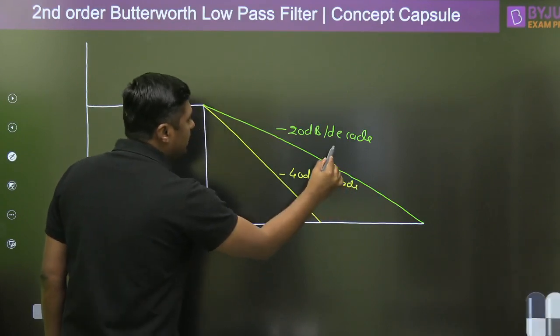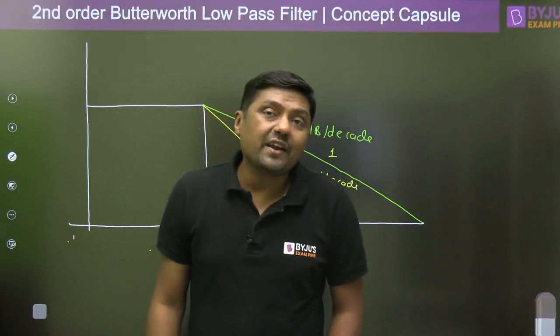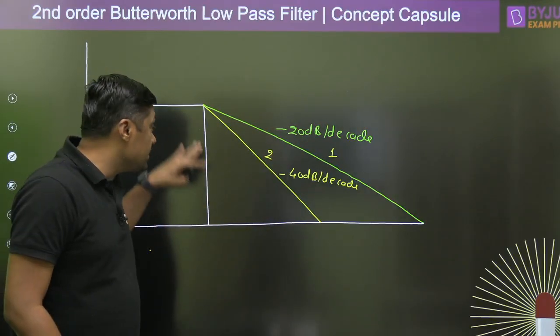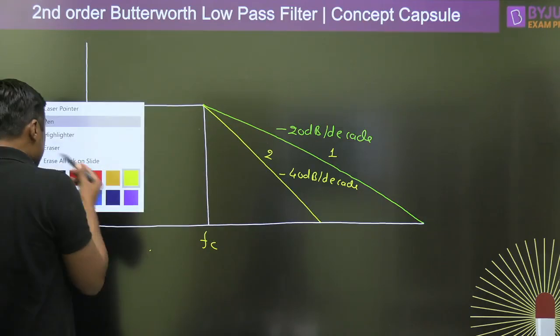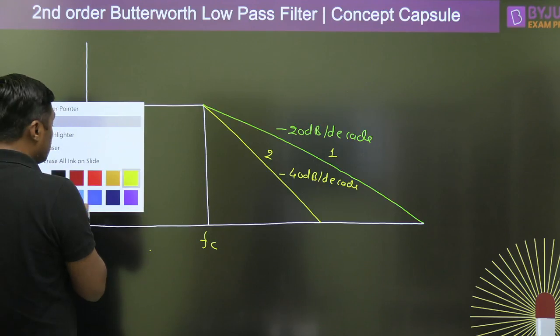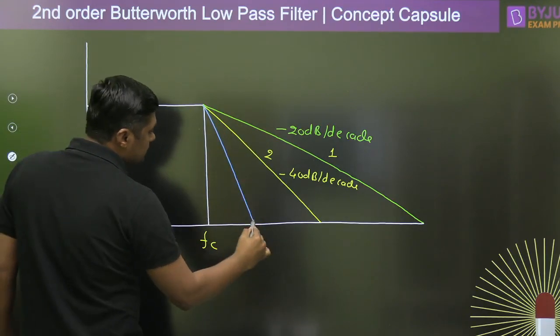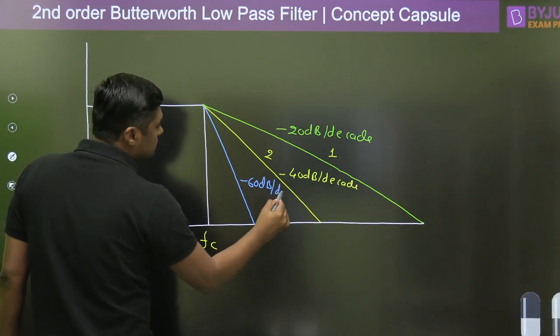So when I am comparing the second order with the first order, which is near to the ideal condition? Definitely the second order filter is near to the ideal condition. This is the cutoff frequency. And when I am increasing the order, for example for a third order system, this is the third, meaning minus 60 dB per decade.